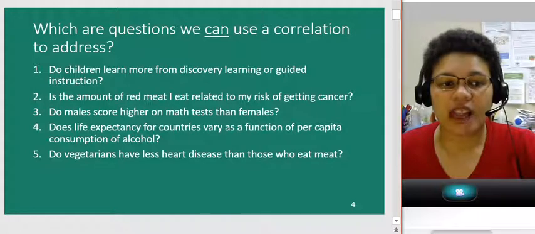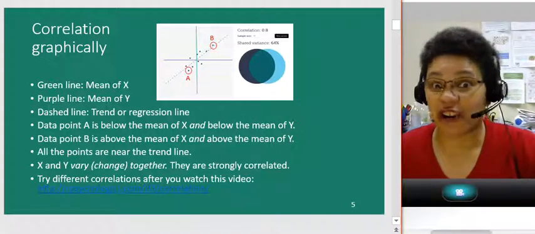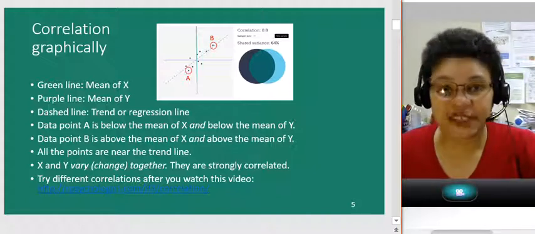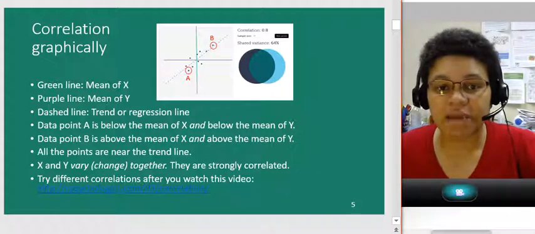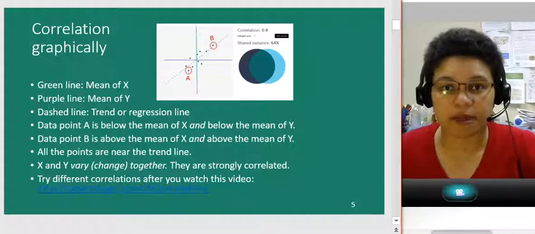So let's create a variable called heart effort. And let's assume that these dots correspond to individual people's measurements of the amount of meat they eat and how hard their heart has to work to pump blood.